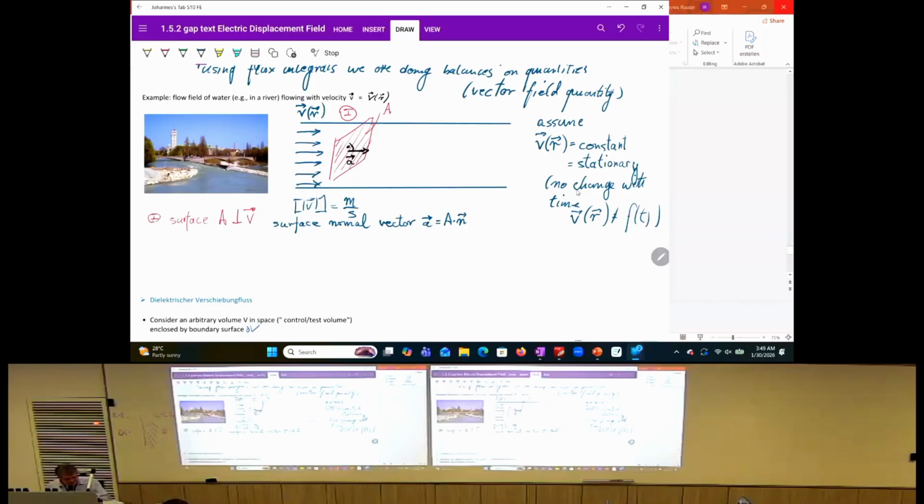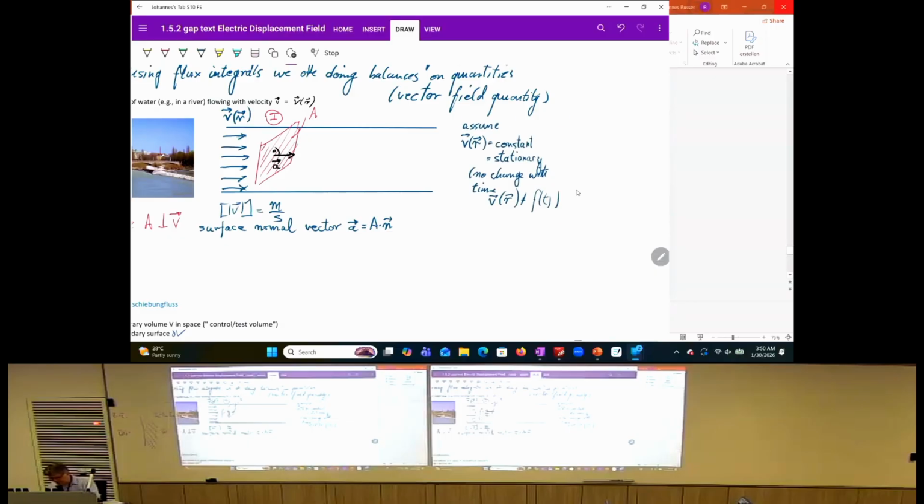So this includes both orientation and size of the surface considered, which is used to assess the flux through that surface. I need a bit more space here.